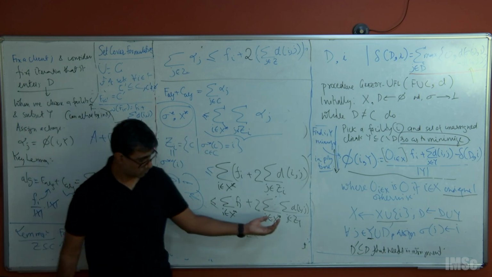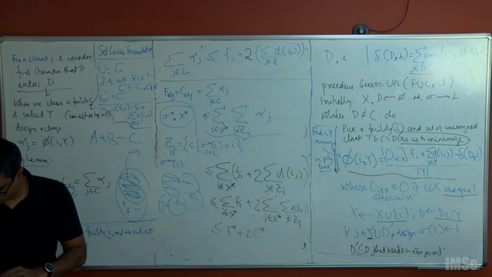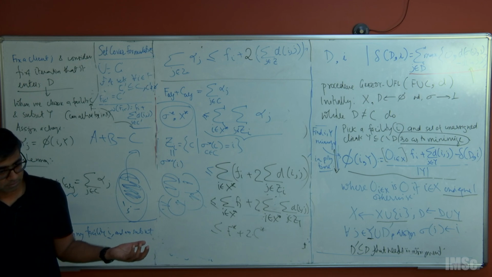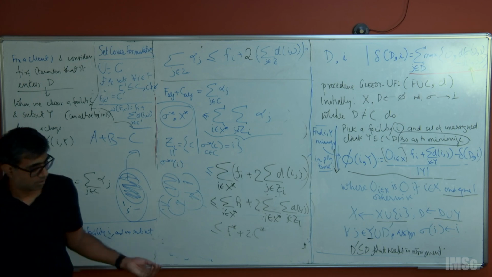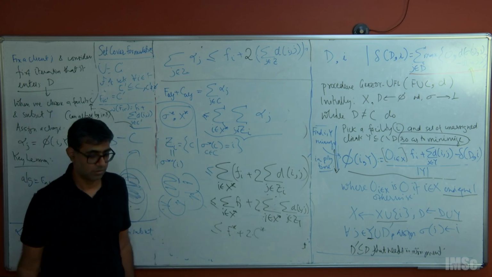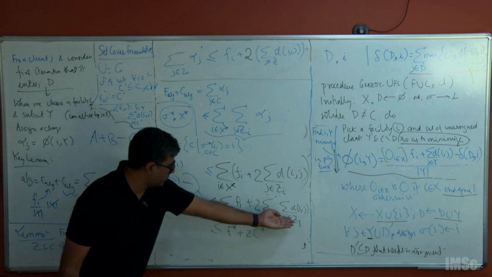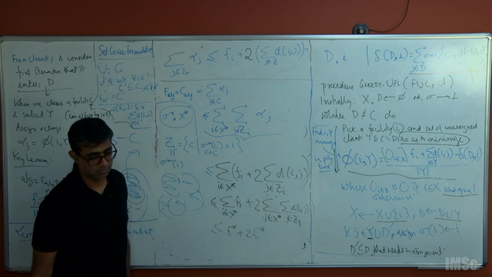Remember or do not remember? What was C star? Look at the definition, no? C star is the optimal connection cost. So we just sum these, this is exactly what it is, no?